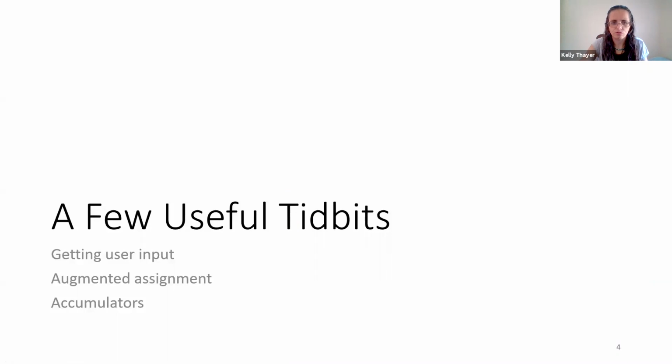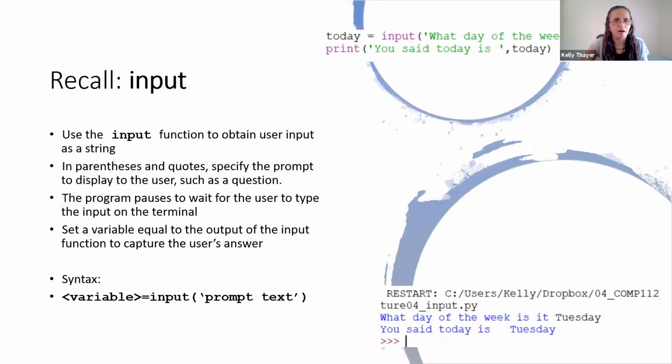So here are a few useful tidbits. Remember that we have the input function, which we use in order to obtain user input as a string. Whatever the user types will be of the Python type string.